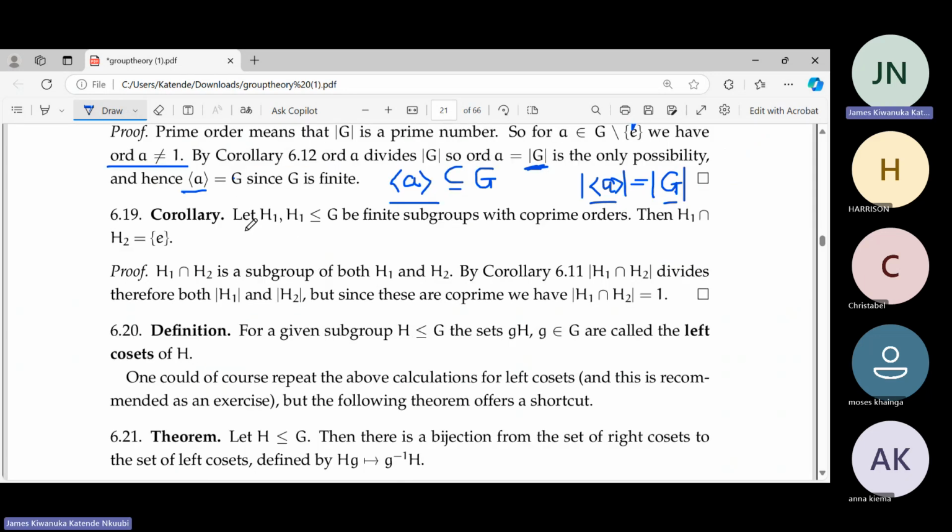The next one also uses a similar argument to show that if you have two subgroups, this should be H1 and H2. I think that is a typo. If you have two finite subgroups and their orders are co-prime, then the intersection will only contain the identity element. Again, the proof is here and uses the same ideas. The intersection of H1 and H2 must be a subgroup.